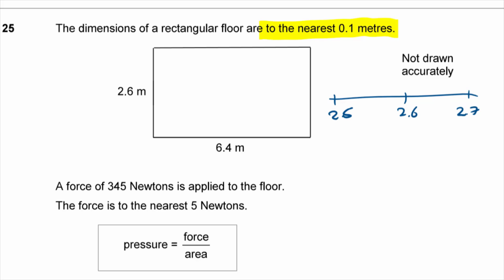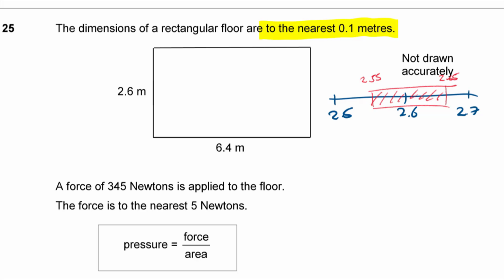The values that round to 2.6 are the ones closer to 2.6, halfway between 2.5 and 2.6. So 2.55 is the lower bound and 2.65 is the upper bound.